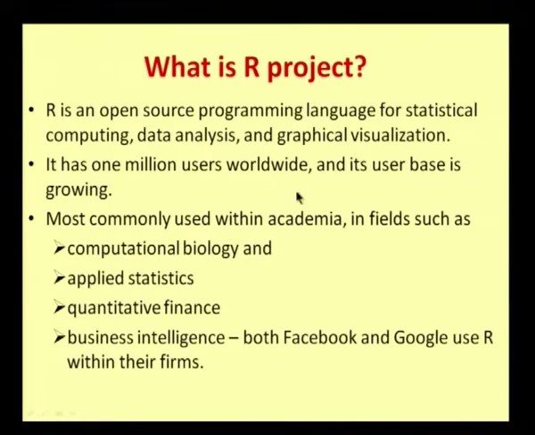Millions of users are using this R project. It is most commonly used within academia. It is useful in the fields of computational biology, applied statistics, quantitative finance and business intelligence. Facebook as well as Google use R within their firms also.